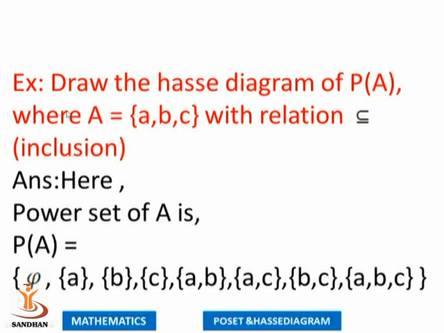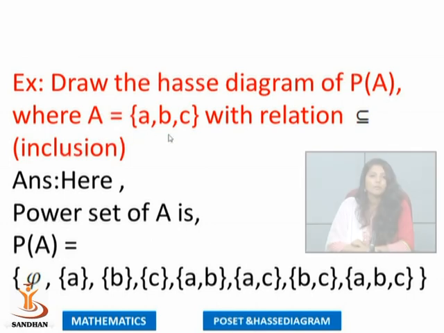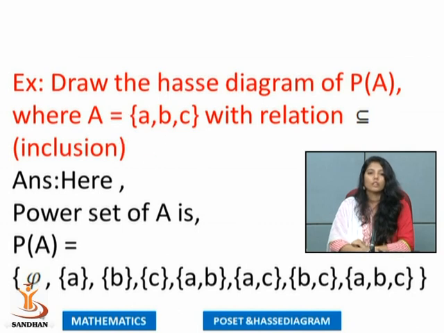Now second, draw the Hasse diagram of the power set of A, where A is equal to {a, b, c} with the relation subset, that is inclusion. So here we have the power set of A for the elements a, b and c. First of all we define our set. The power set of A can be defined in this form.